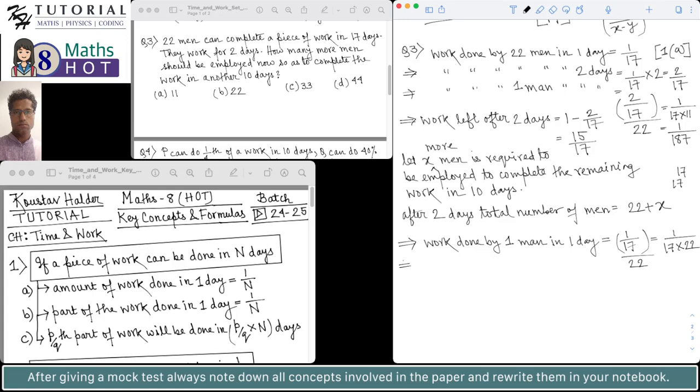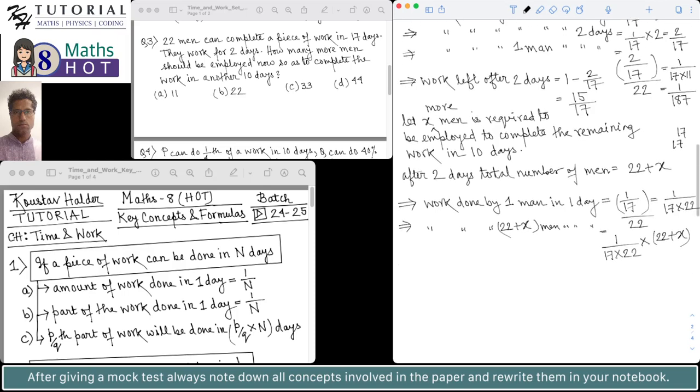Now we can say work done by 22 plus x men in 1 day will be equal to 1 by 17 multiplied by 22, this multiplied by 22 plus x.